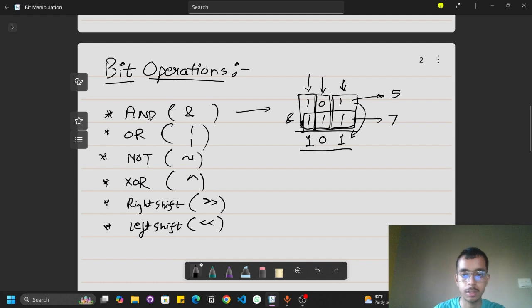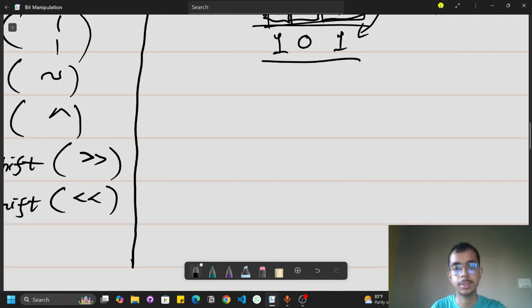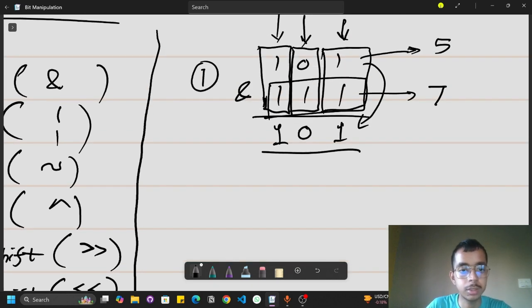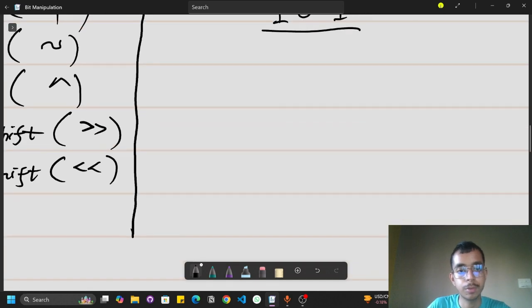Now that we have seen the first example, let's move on to the second example. What can we do in this example?